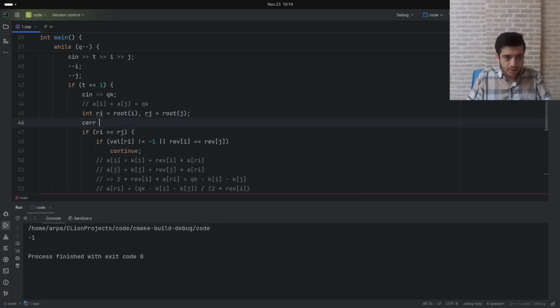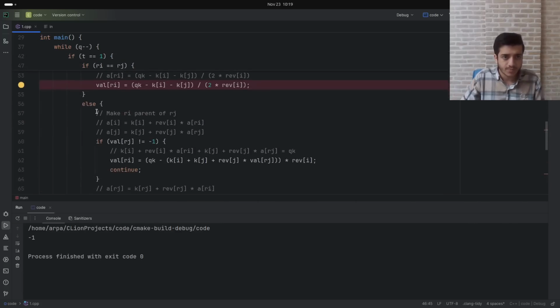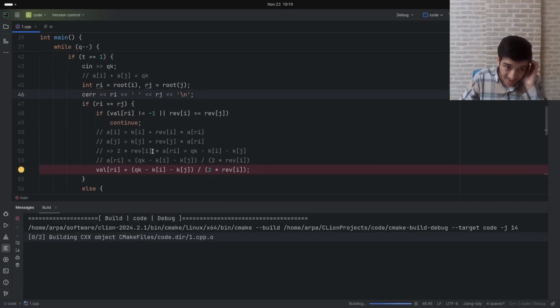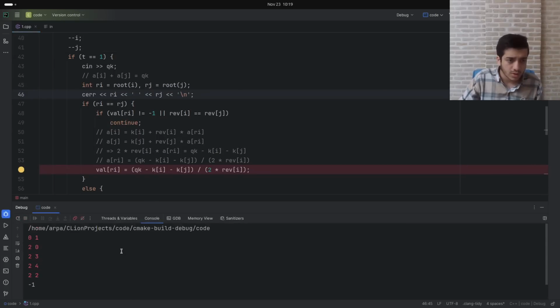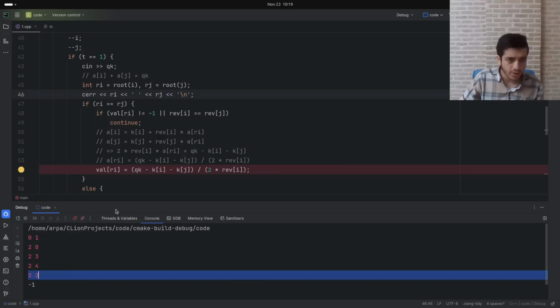Okay. Let me come here and print Ri and Rj to see what is happening here. Oh, sorry. They are equal.